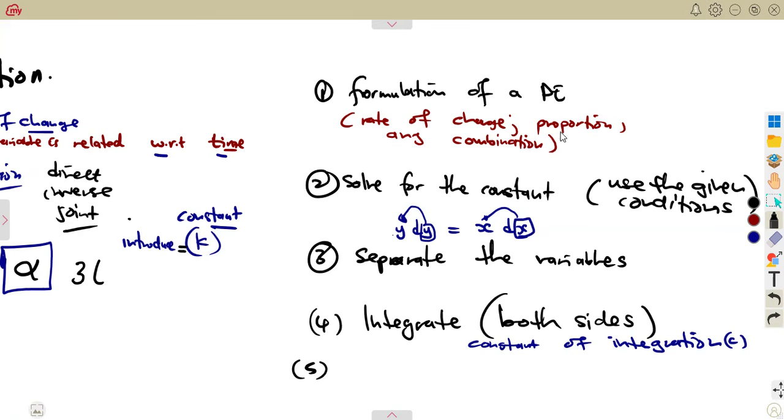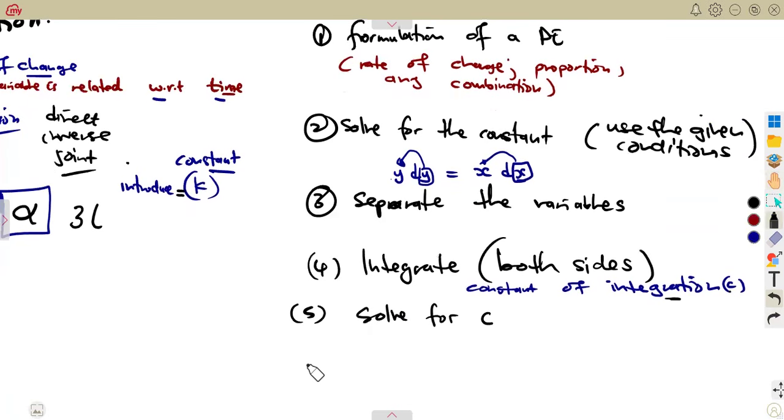Remember, C is the constant of integration. Thereafter, just solve whatever problem you're given, if any exists, on any of the given equations or problems.